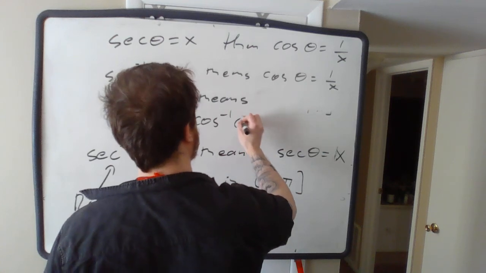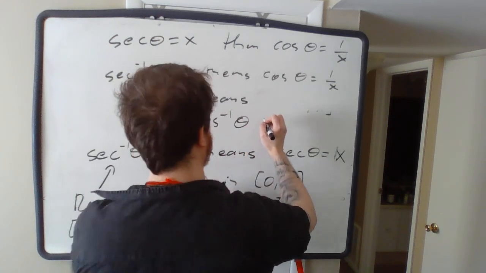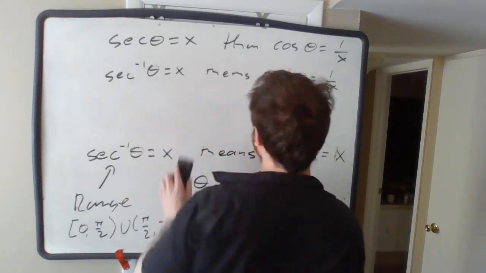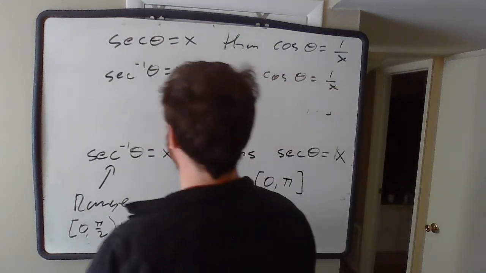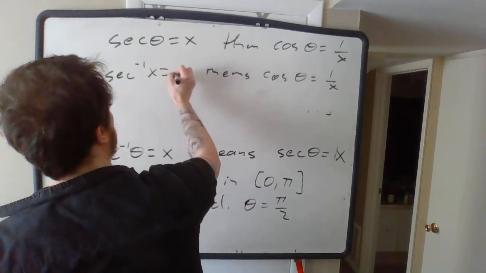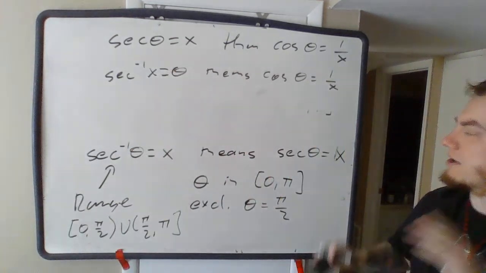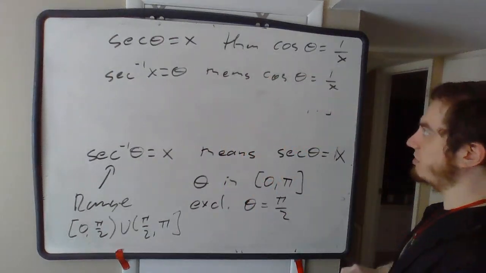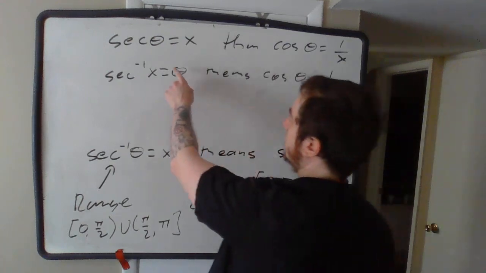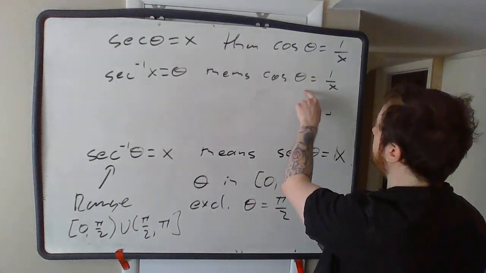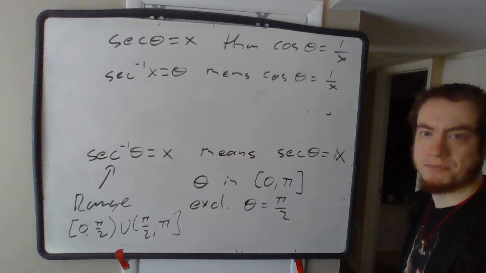So let me put it this way. If I wanted to say secant inverse of x equals theta means cosine, that's what confused me here. I wrote an x in place of a theta and a theta in place of x. Starting over for a moment here. If the secant inverse of x is equal to theta, this means that the cosine of theta is 1 over x. That is correct.